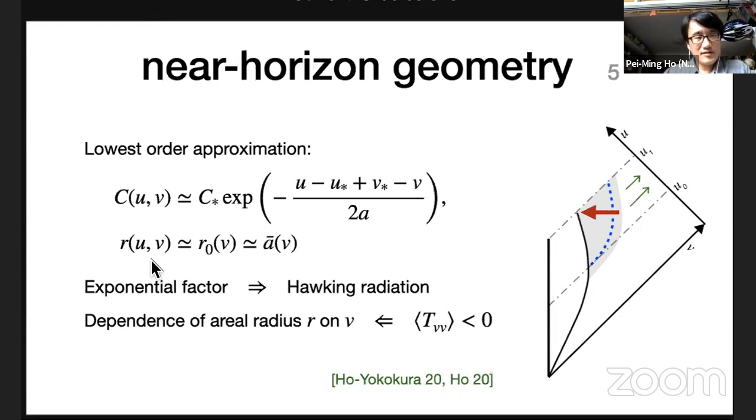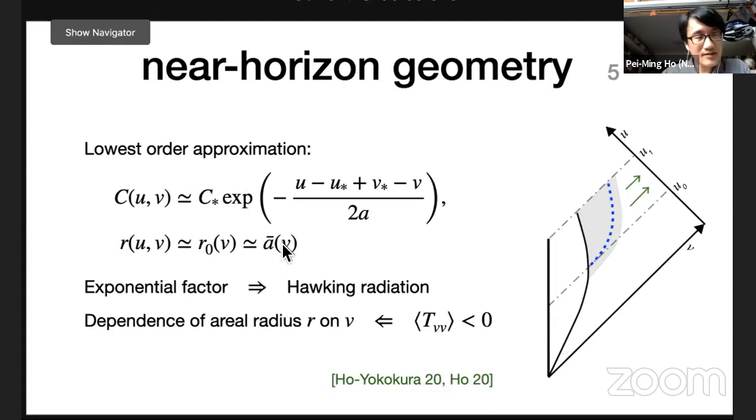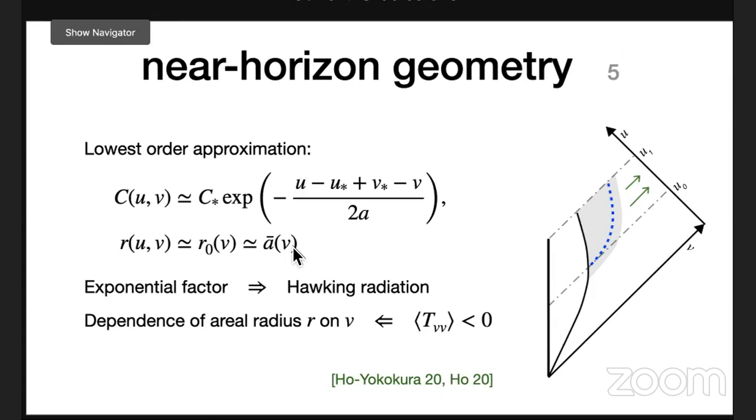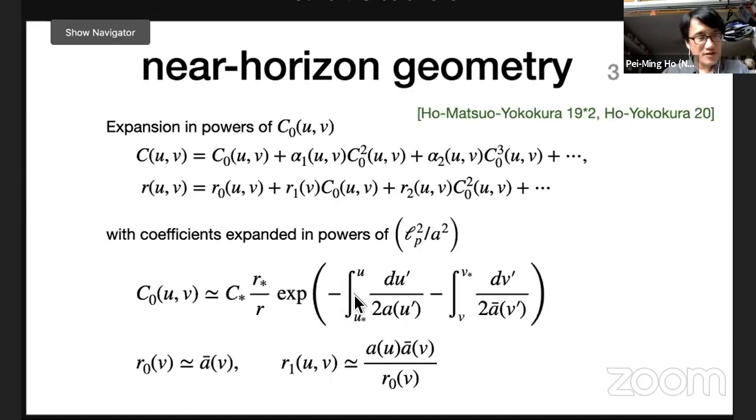Excuse me, I missed why this U dependence disappears here. Your A bar does depend on V only. Is this so? Why? Oh, so it depends on U. For the Schwarzschild solution, the leading order approximation is just the Schwarzschild radius, which is a constant.